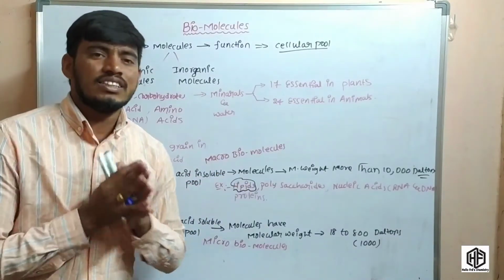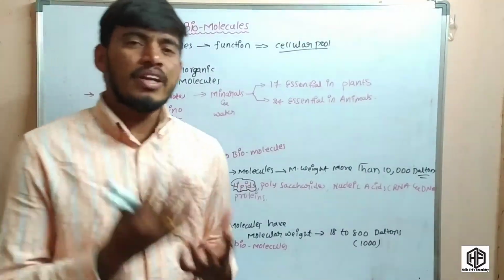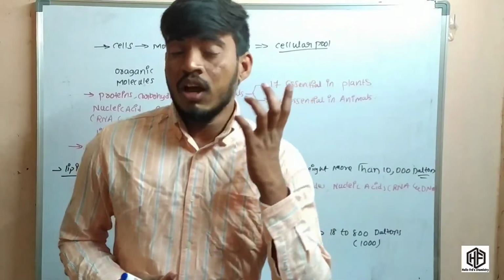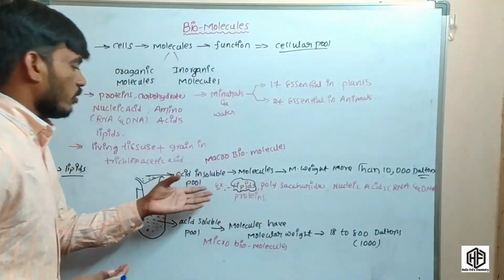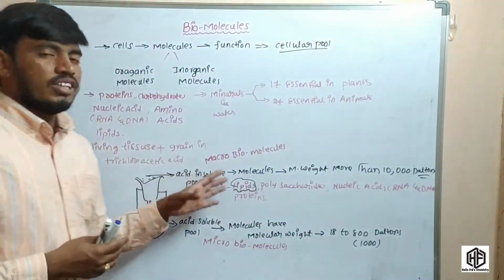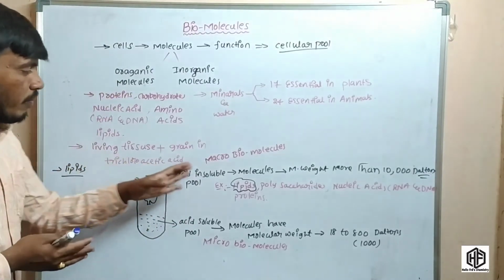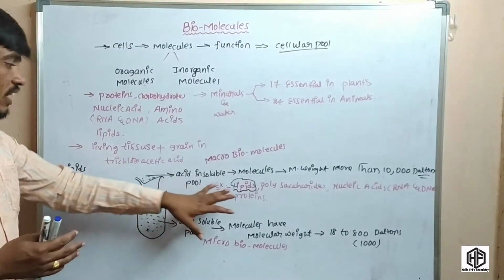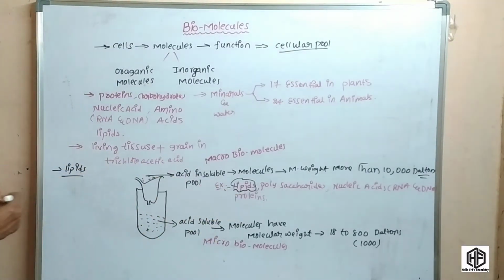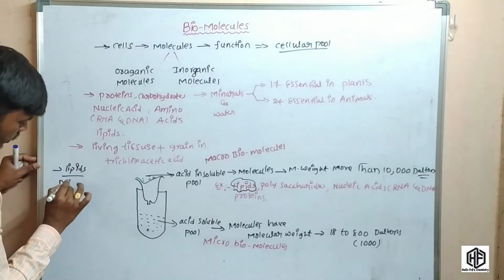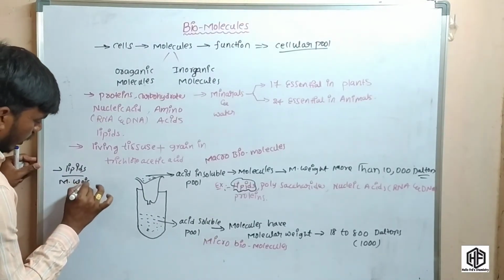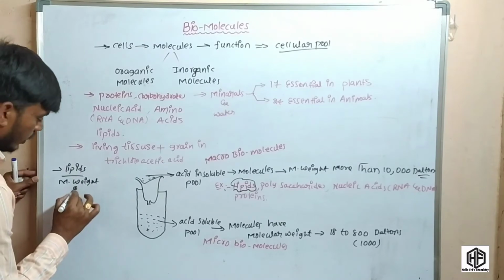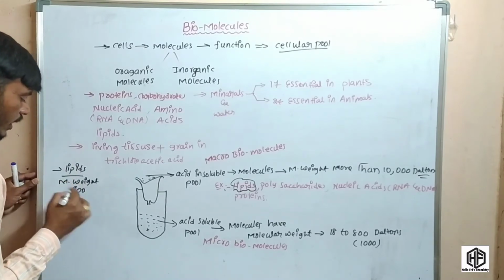In the lipids, some types of membranes are present. But in general, the molecular weight of the lipids is approximately 800 Daltons.